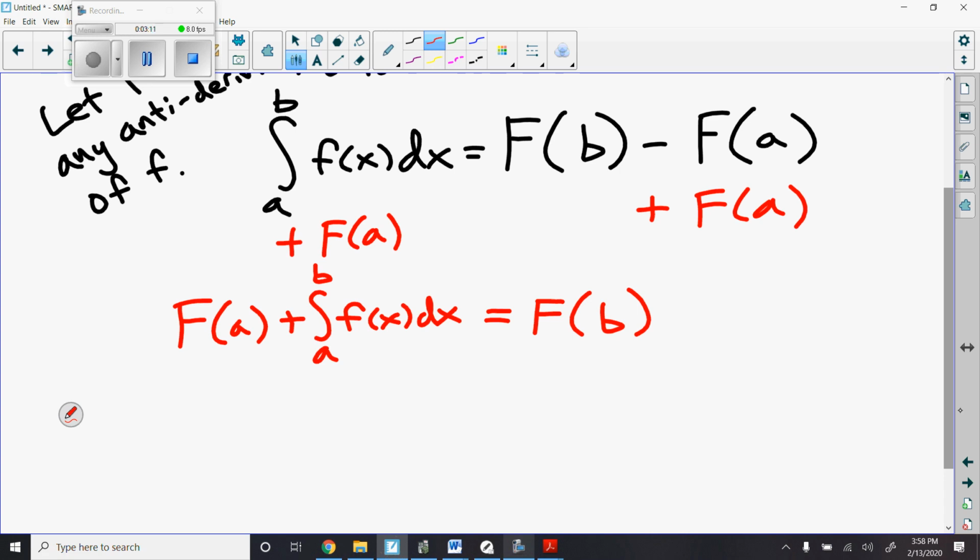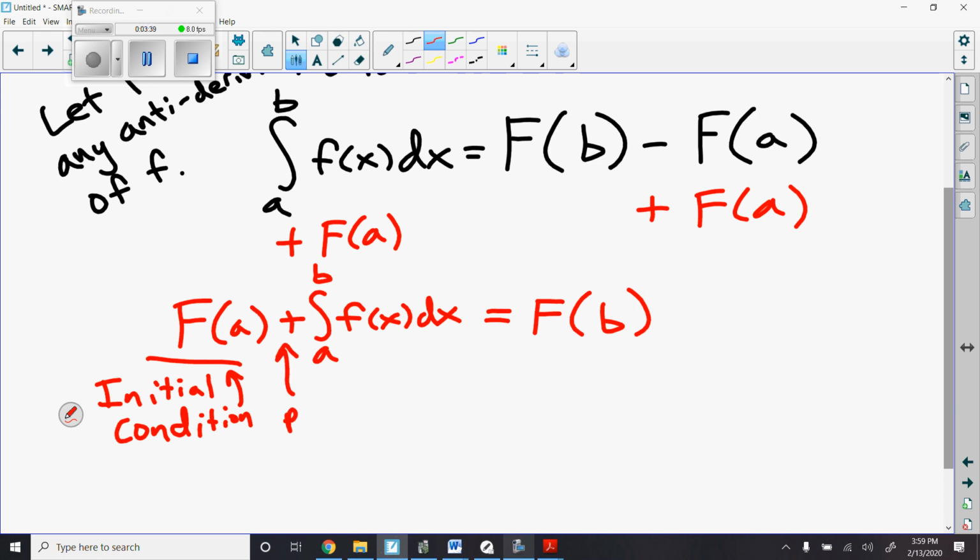Okay, so let's take a look at an example here. Might be easier to see. But again, this F of A is what I call our initial condition. This is our plus.